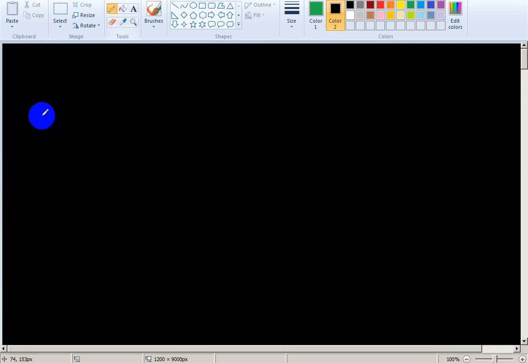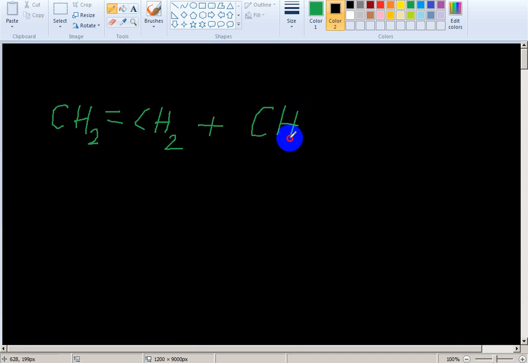Like ethene, 2 ethene molecules join together. So what will this compound be?